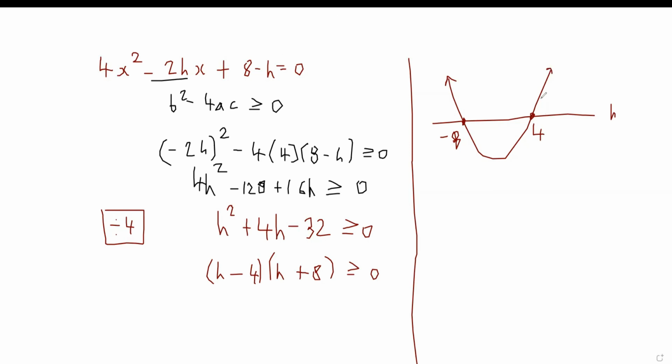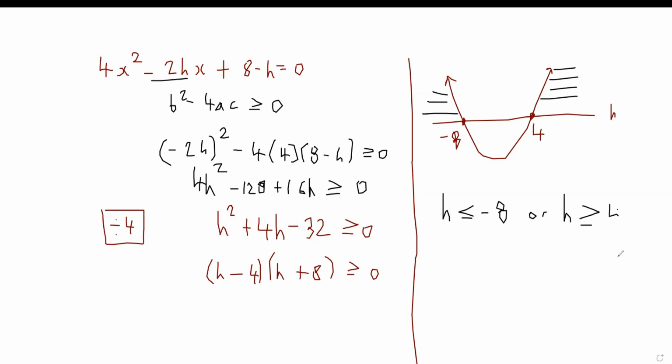We want above. We want up here. So since we want up here, the solution region is h is less than or equal to minus 8, or h is greater than or equal to 4, and this is the answer.